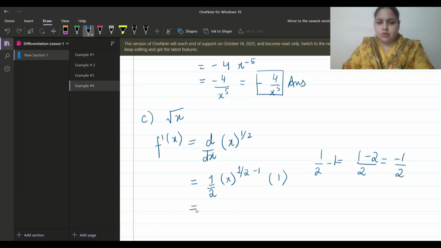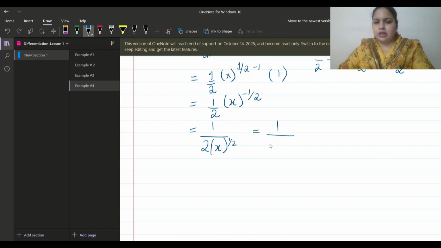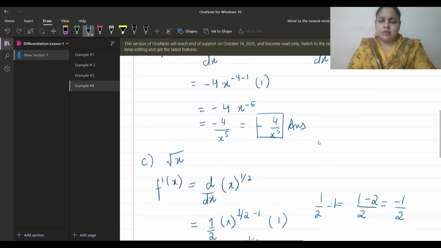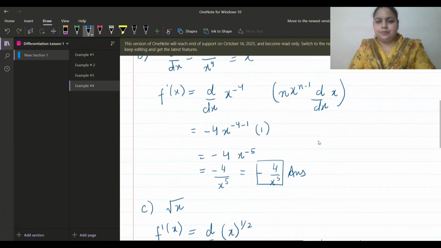So you can write it as 1 upon 2 x to the power minus 1 by 2, or you can write it as 1 upon 2 x to the power 1 by 2, or you can write it like this, 1 upon 2 square root of x. So this is our required answer. Okay, again it's just n x to the power n minus 1.